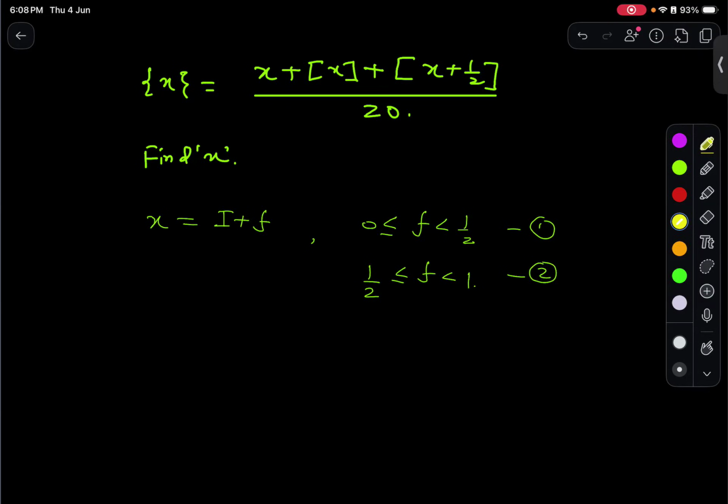Otherwise, just a hint. Okay, so we have to go for two values, not bad.